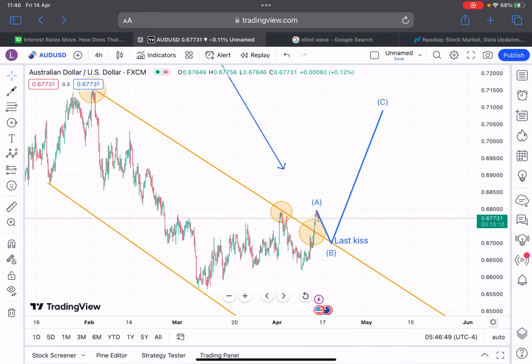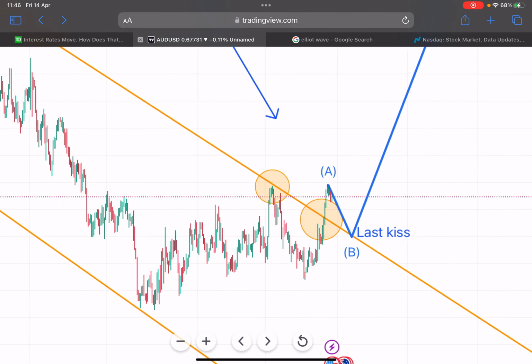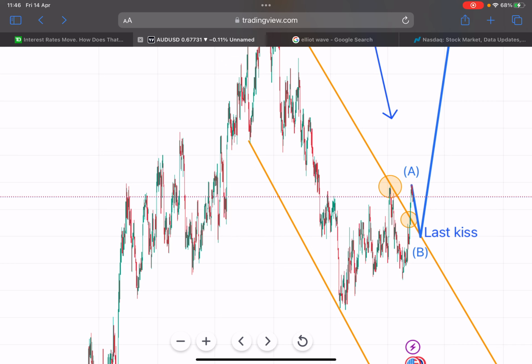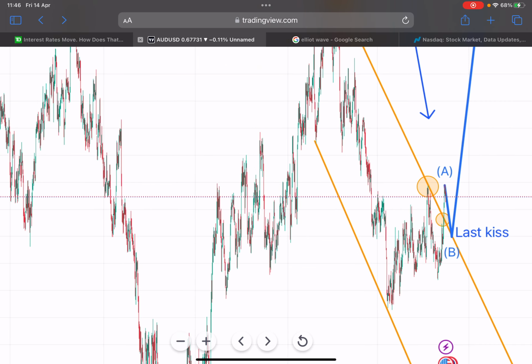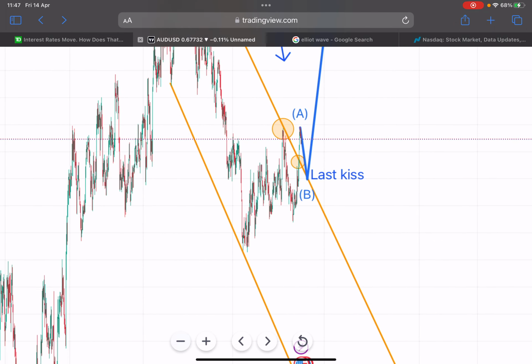Since this is what we have, we know that the chart will be going down, but not for the longest time. Let me try to zoom out.